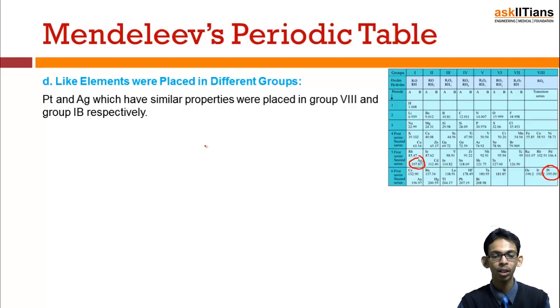It did have some drawbacks also, as it was not able to justify the position of hydrogen in the periodic table, and he put some elements with greater atomic mass before those which have lesser atomic mass, just like cobalt having greater atomic mass than nickel, but still placed before nickel in order to justify its property. And similarly, the elements with similar properties are placed in different groups. So these were some demerits and merits of Mendeleev's periodic table.